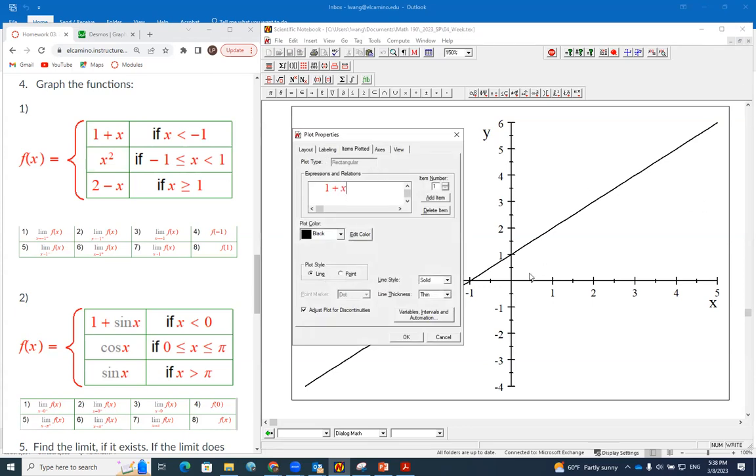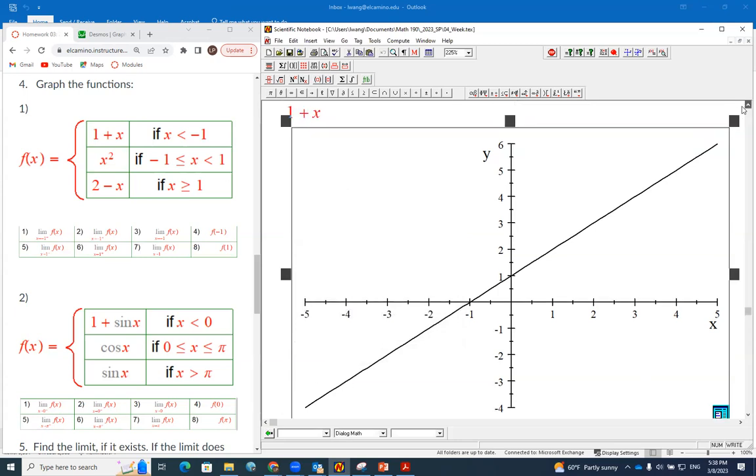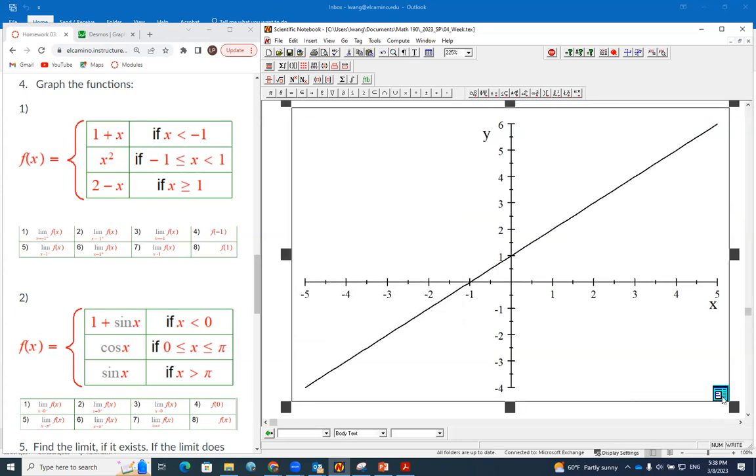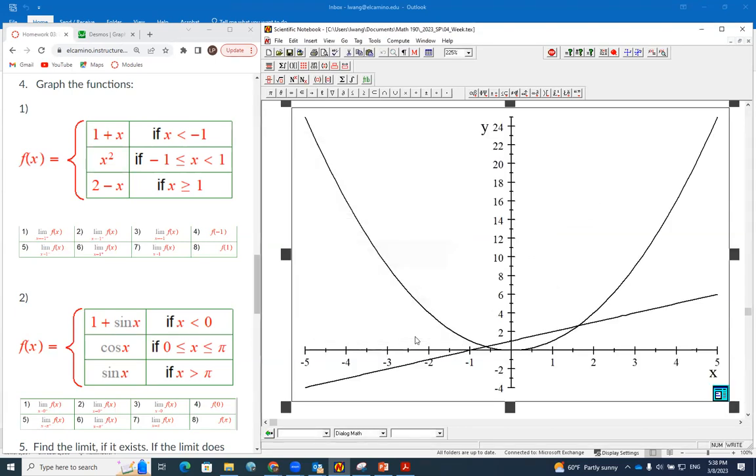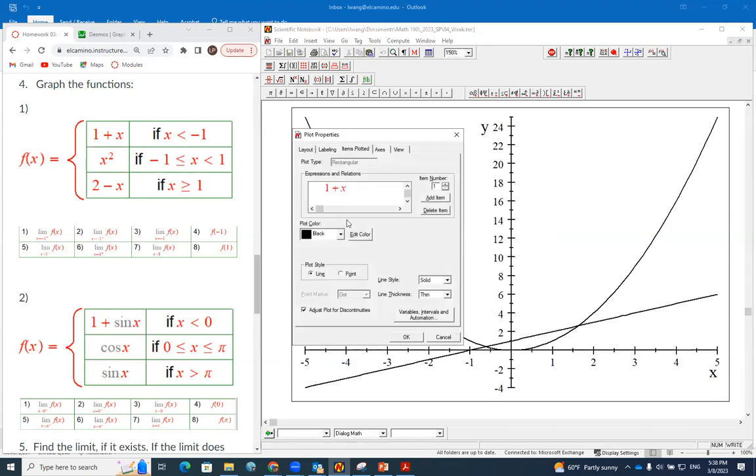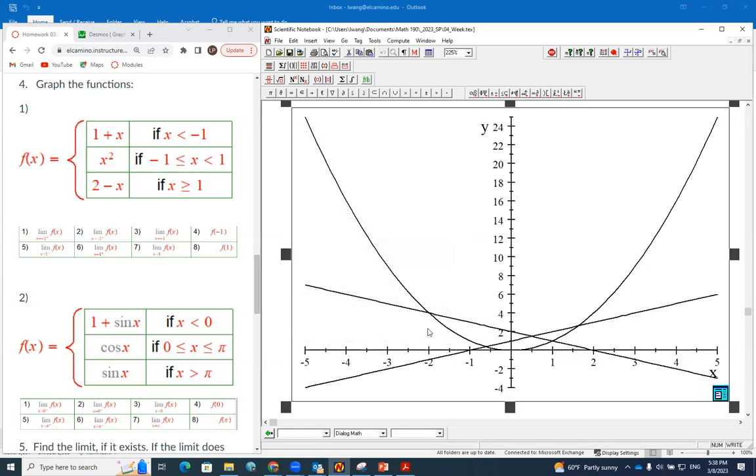And then we draw the x squared, and then we draw the 2 minus x.